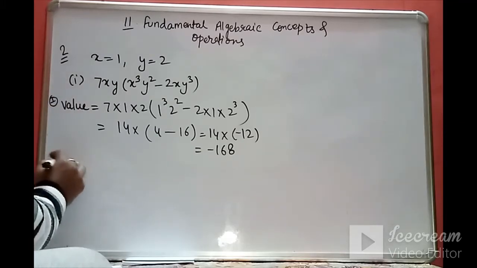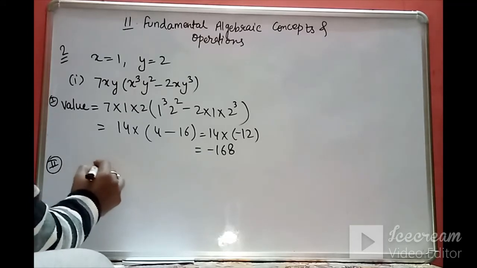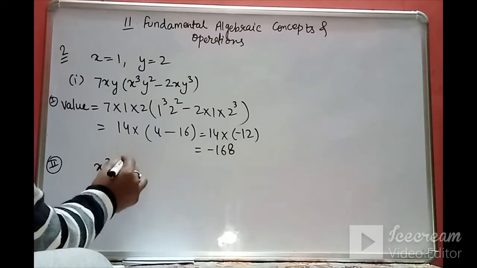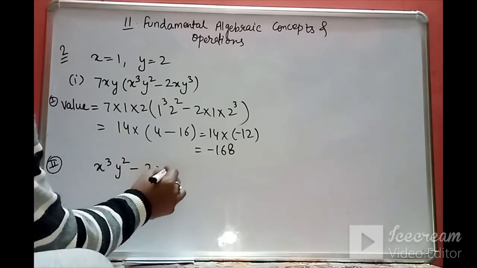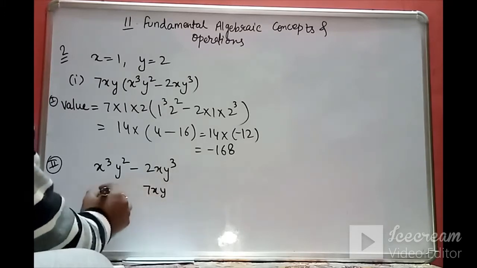Then in the second step we will do the multiplication, and now I am using the column method: x cube y square minus 2xy cube, and I am writing here 7xy.